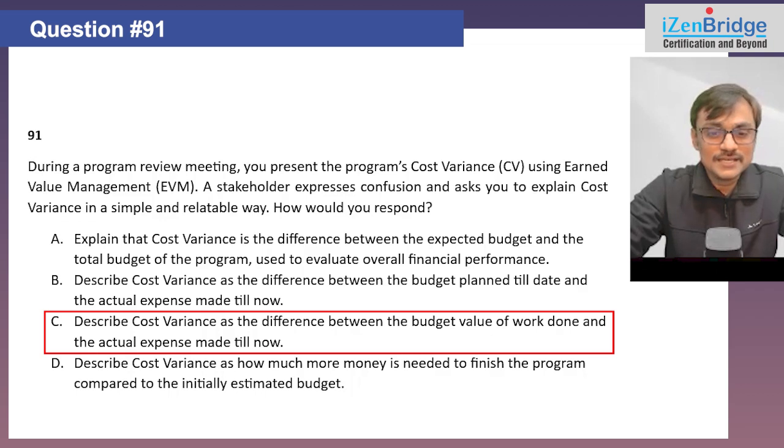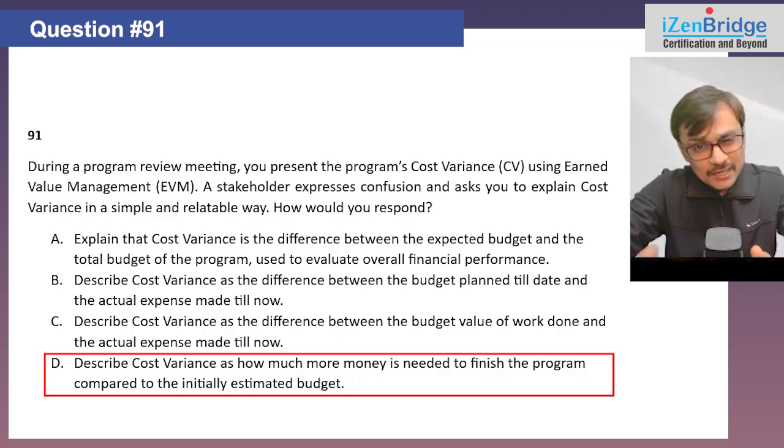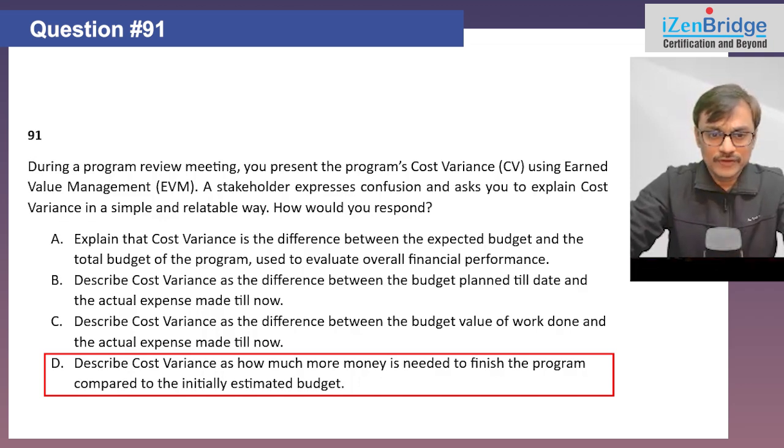So cost variance is the budgeted expense of the work done till now, which is earned value, minus the actual expenses. Option D, describe cost variance as how much more money is needed to finish the program compared to the initially estimated budget. That is estimate to complete, in comparison to the cost baseline. Definitely, it's not the cost variance.